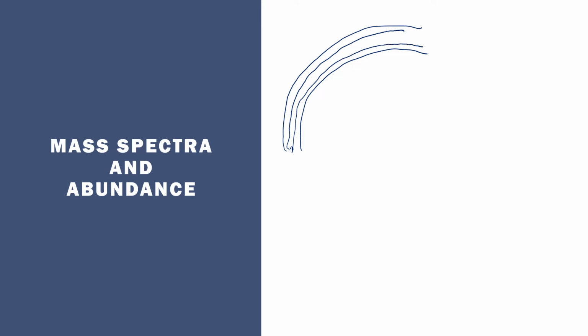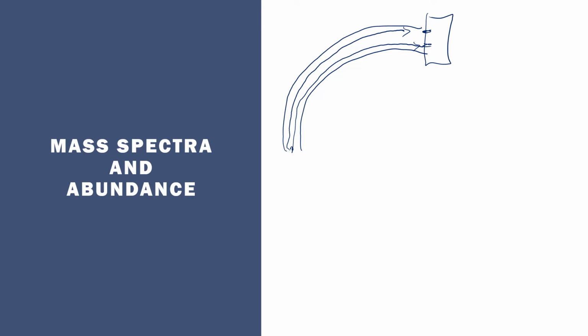And then there's a detector, and it will detect how many isotopes are here versus here, for example. And again, that's a big simplification, but essentially what it outputs is the mass of the individual isotopes and their abundance.